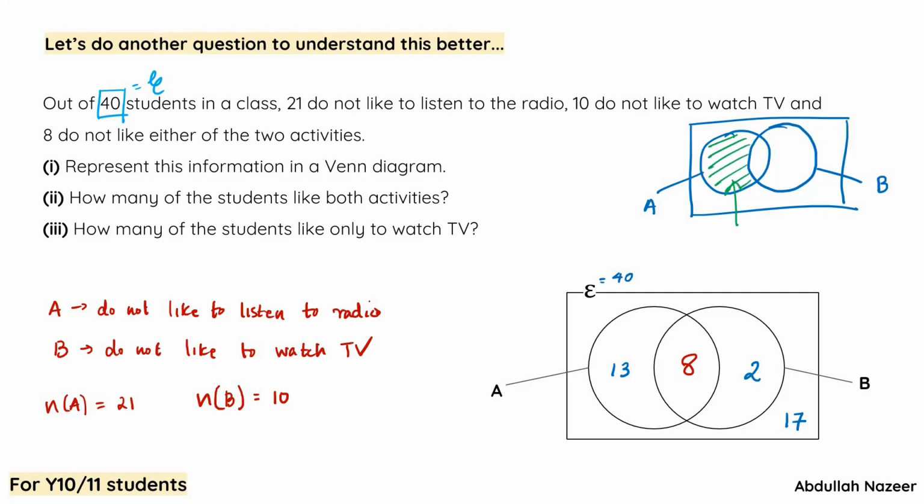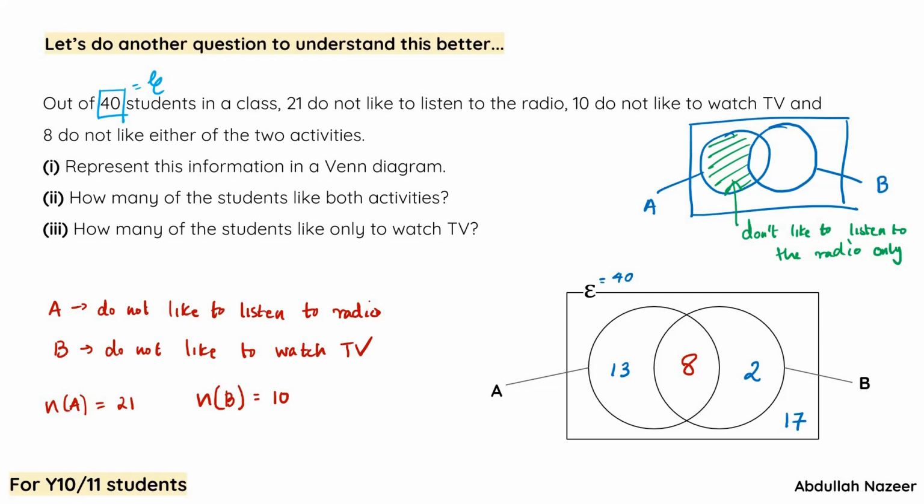It includes people who do not like to listen to the radio only, right? That's the point here. That particular region, without the intersection set, talks about people who do not like to listen to the radio only.